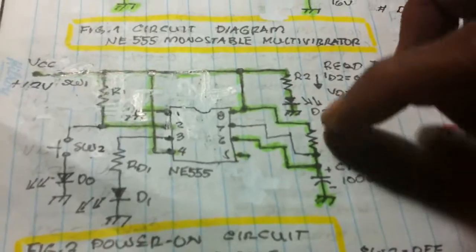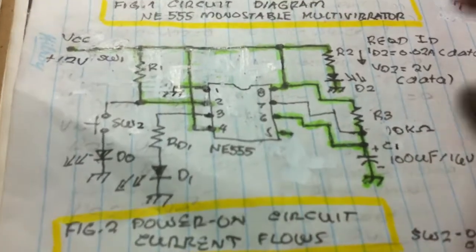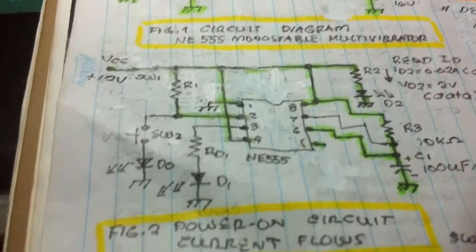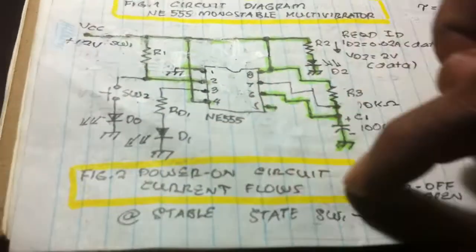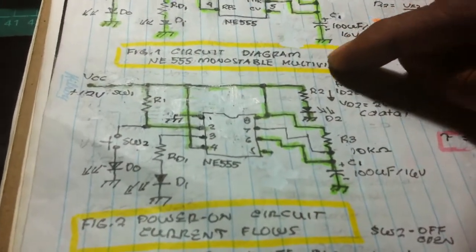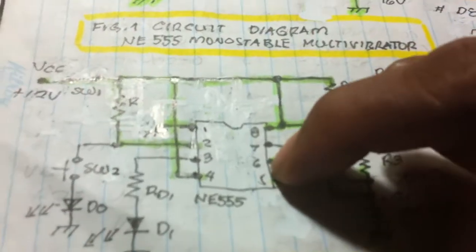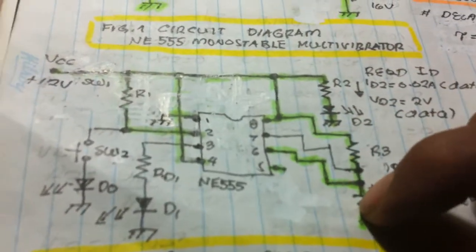And also, when you switch on the power, the circuit is now in a stable state. This means that the capacitor is charging through this path: R1 to pin 2, then to pin 6, and then the capacitor.